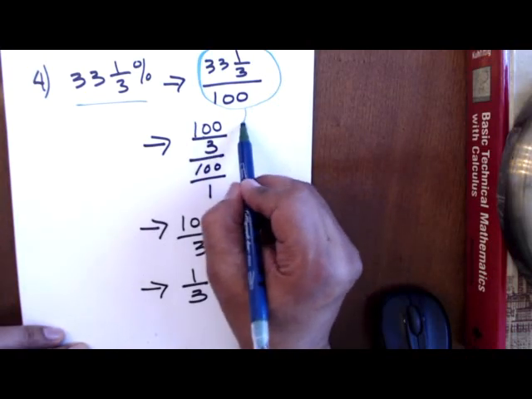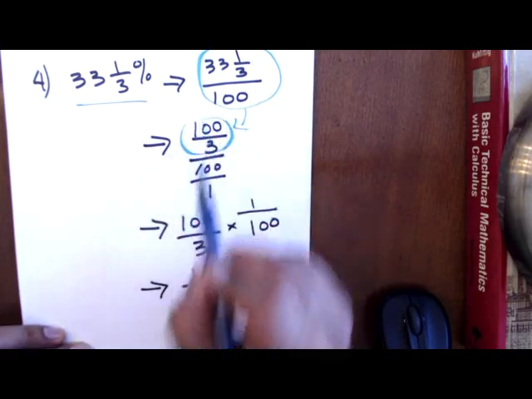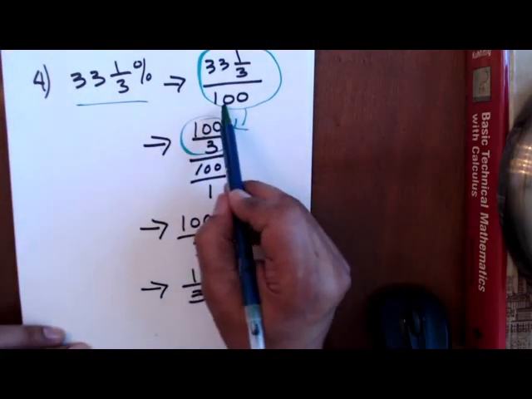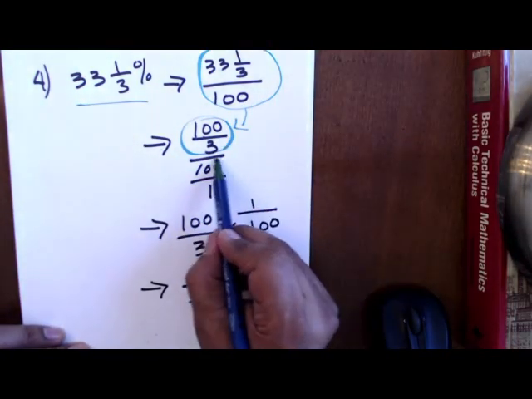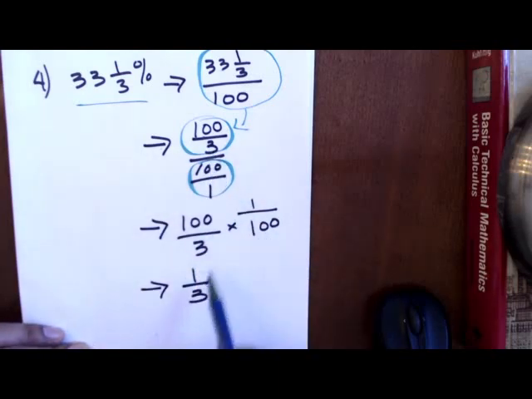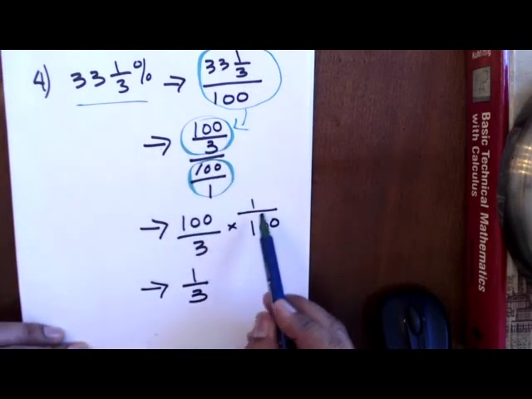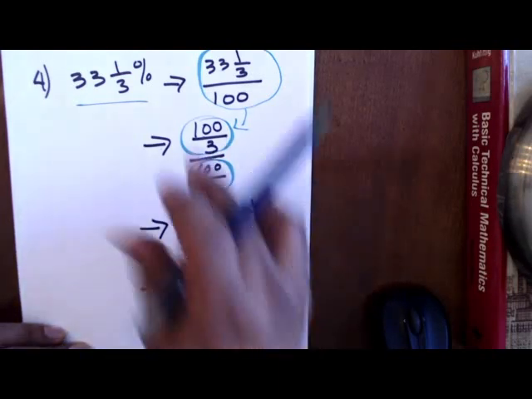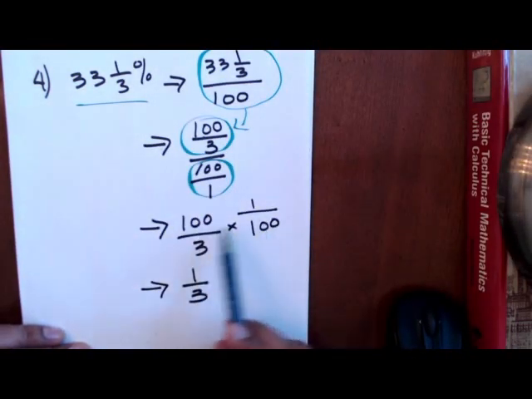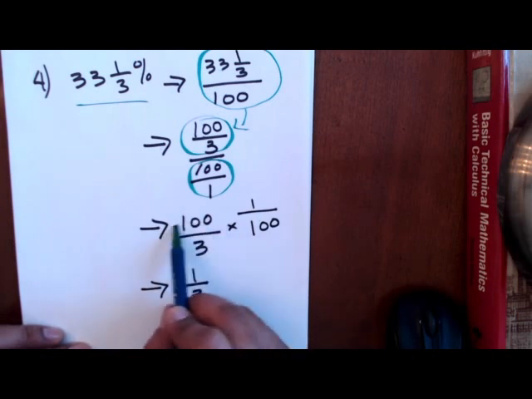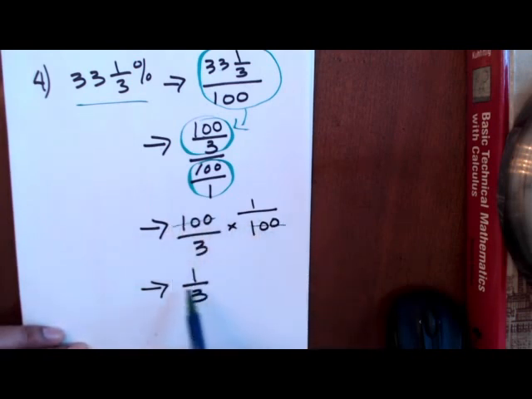And recognize that 100 is divided by 1, so you get two fractions. You're basically dividing two fractions, so we multiply the numbers, and that's how we get to the calculation. Here this cancels with that, and then you get 1/3. So this will be your answer.